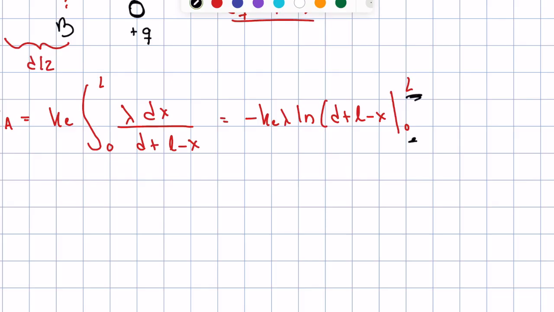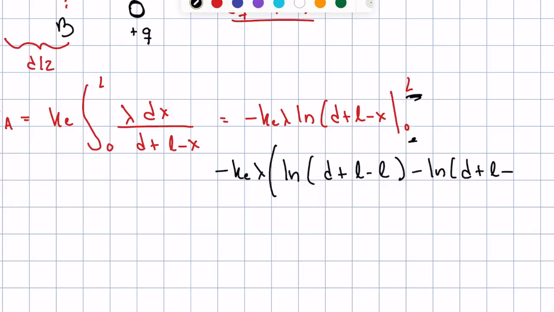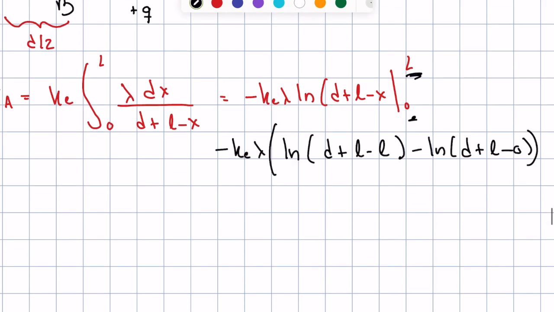So we get negative Ke lambda [ln of d plus L minus L minus ln of d plus L minus 0]. So that's going to be negative Ke lambda [ln of d plus L minus L, so 0, is just d, minus ln of d plus L].